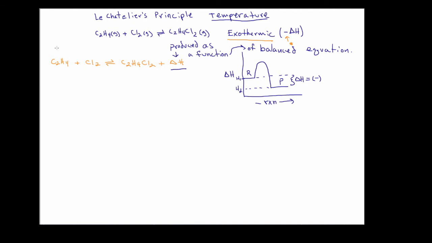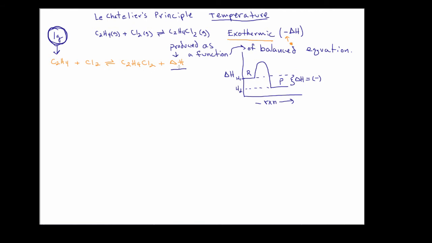So if we were to use, say, 1 gram of the starting material here and pump it through this reaction, the amount of delta H produced, the amount of energy released in the reaction, is going to be directly proportional to the amount of material that was actually utilized to run the reaction. So you can consider the energy released to be a product of this reaction.